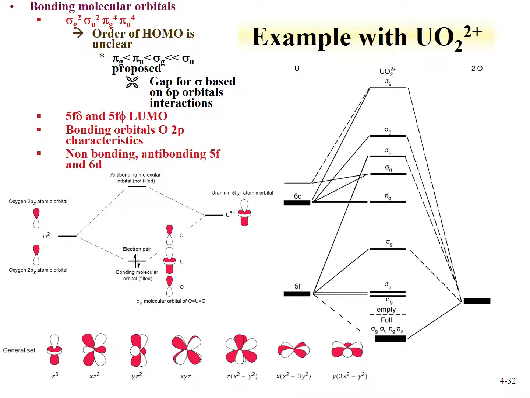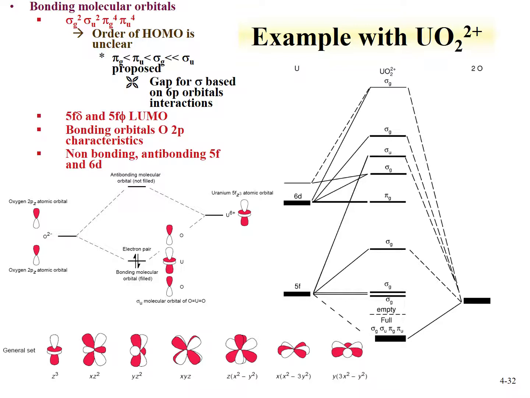Now, an example for this with the actinides is shown here for the uranyl complex, UO2 2+. One of the interesting properties of the molecules for the actinides is the linear behavior of the oxygen-actinide-oxygen system. This behavior stems from the interaction of the f electrons in the formation of the molecular orbital.